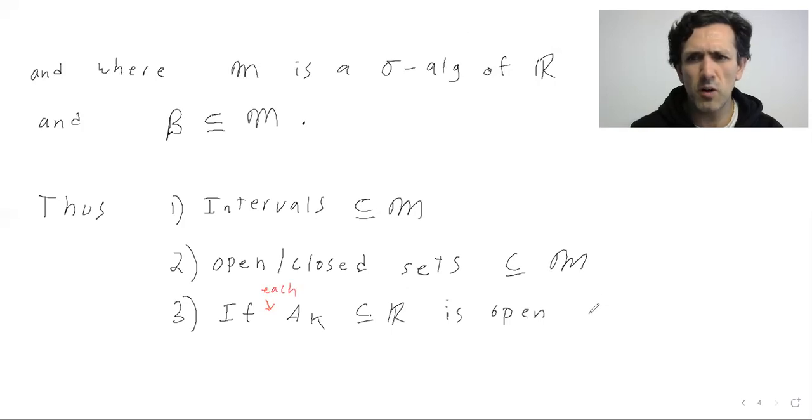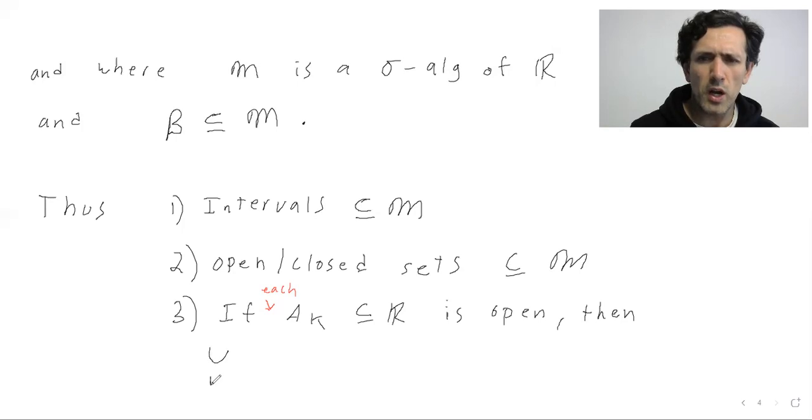If each A_k is open, well, we know from 2 that open sets are in M. In particular, open sets are Borel sets. They're in the Borel sigma algebra. So that means that the union of the A_k is Borel. And in particular, it's therefore also in M.